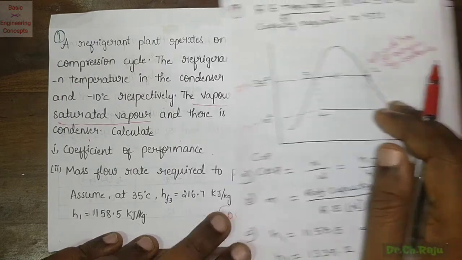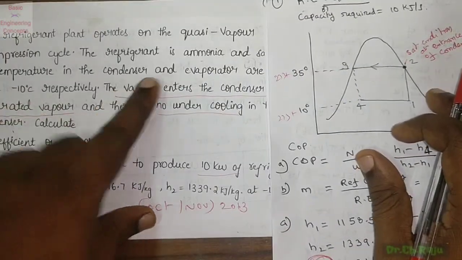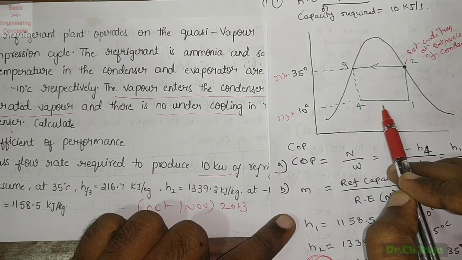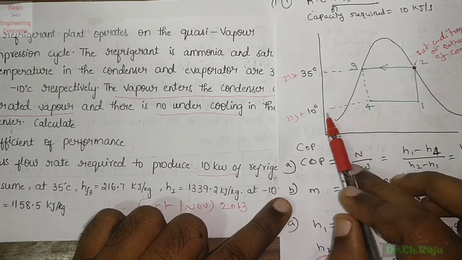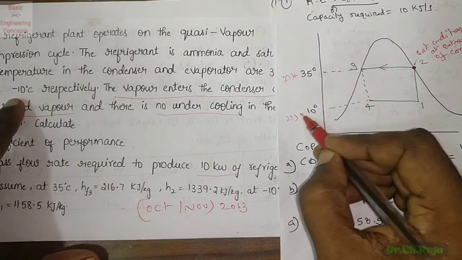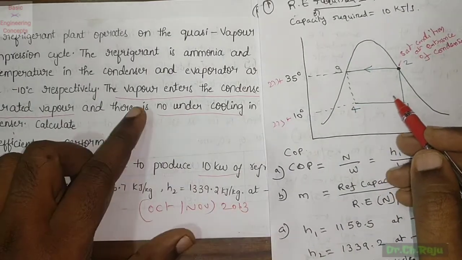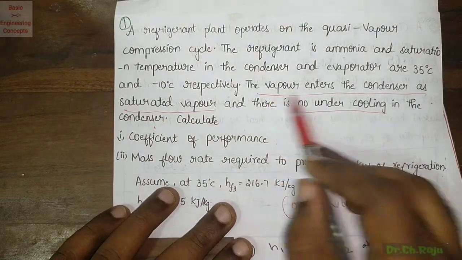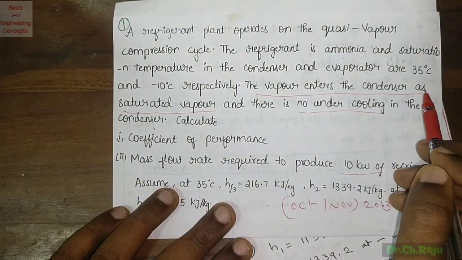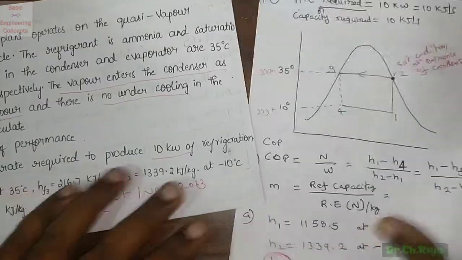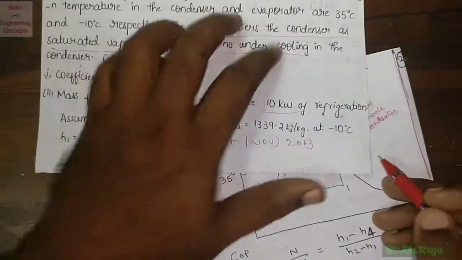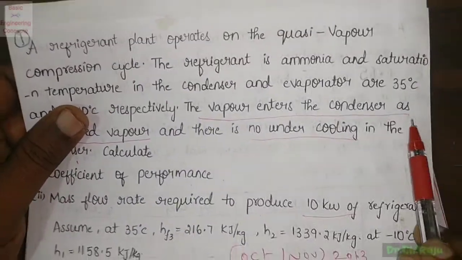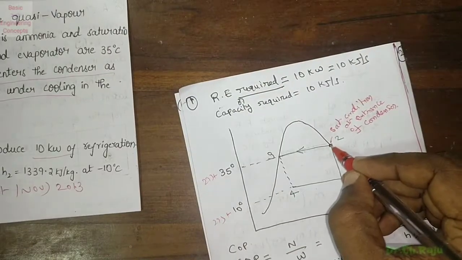So here it is clearly given the condenser and evaporator. This is the condenser and this is the evaporator. So condenser temperature is 35 degrees plus 273. Evaporator temperature is minus 10 degrees plus 273. And another important observation is the vapor enters the condenser as saturated vapor.